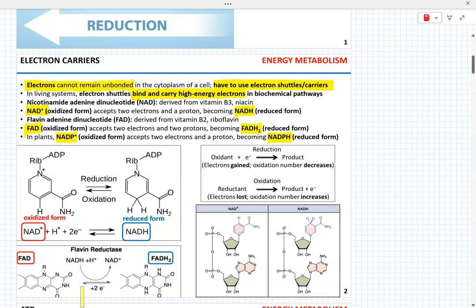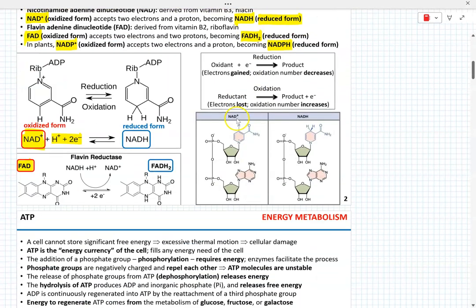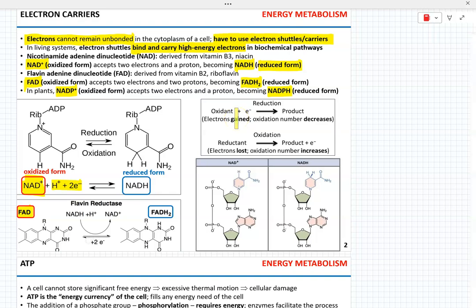NAD, the oxidized form, shown here, accepts 2 electrons and a proton, becoming NADH, which is a reduced form. FAD, the oxidized form, accepts 2 electrons and 2 protons, becoming FADH2, the reduced form.